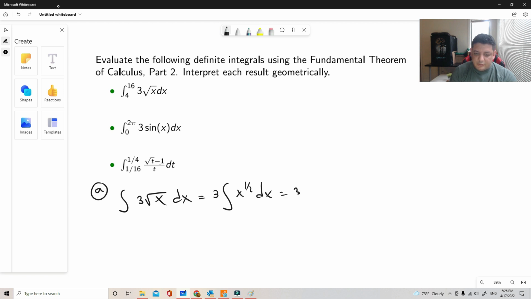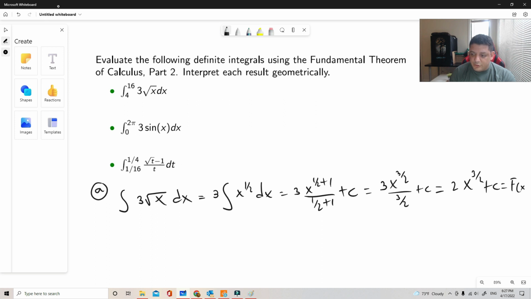And this is going to be 3 times x to the 1/2 plus 1 over 1/2 plus 1, using the rules of the derivative, plus c, or 3 times x to the 3/2 divided by 3/2, plus c. Again this will be 6 over 3, so that's equivalent to 2x to the 3/2 plus c. And we can think of this as the function big F of x, the antiderivative.